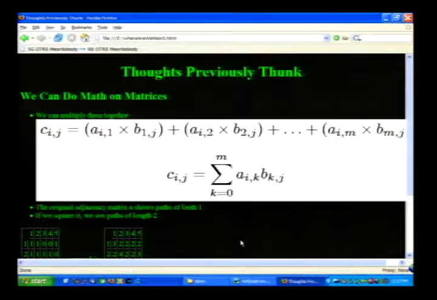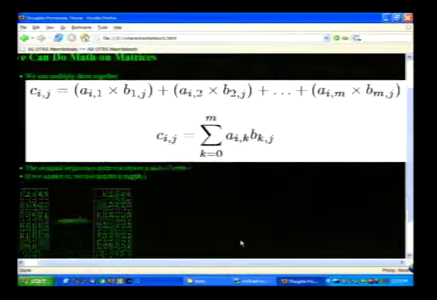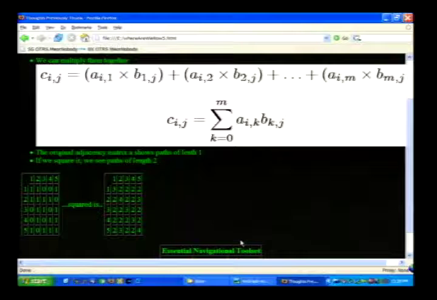Okay, so we can represent the matrix that way, or the graph that way. We can also multiply matrices together. These are two notations for doing that. The top one is sort of more like you would write a program to do it. The bottom one is what's called Einstein notation. That's named after some guy. And so the original adjacency matrix shows paths of length 1, right? If we square that matrix, if we multiply it by itself, we'll see where there are paths of length 2.